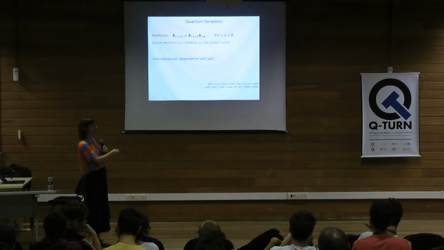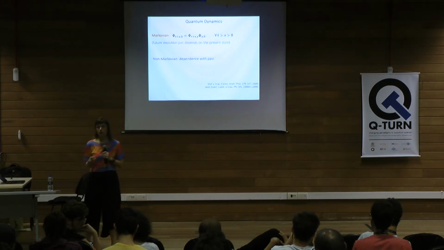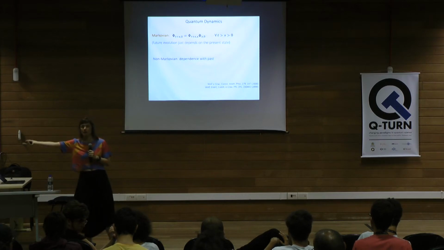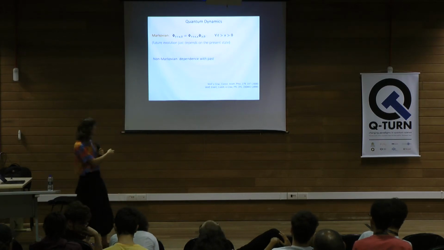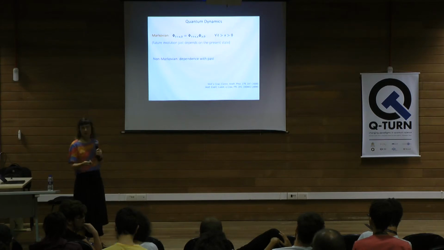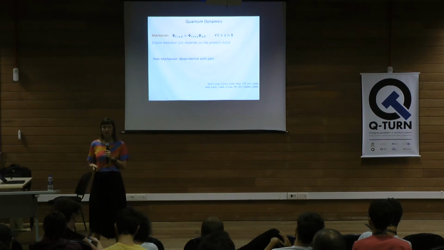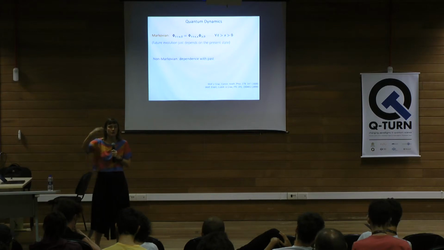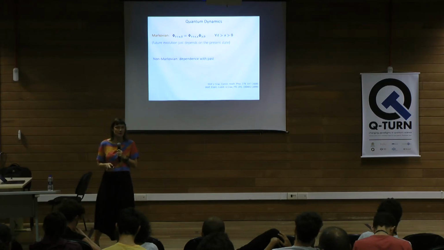I don't need anything about time 0 to know what will happen at time t plus s, okay? So if this divisibility condition is not satisfied, then I know I have a non-Markovian dynamics and I need the whole story to say what will happen at time t plus s.